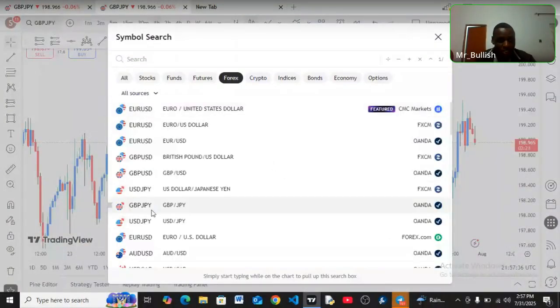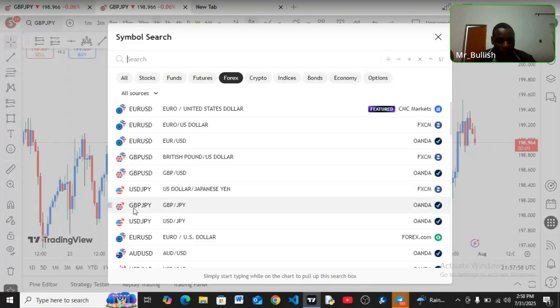The EUR/USD is a major currency pair. This is a minor currency pair because the dollar is not here. Although GBP is a major currency and JPY is a major currency, none of them is being traded against the dollar. So this one right here is a major currency pair because you have US dollar against JPY.